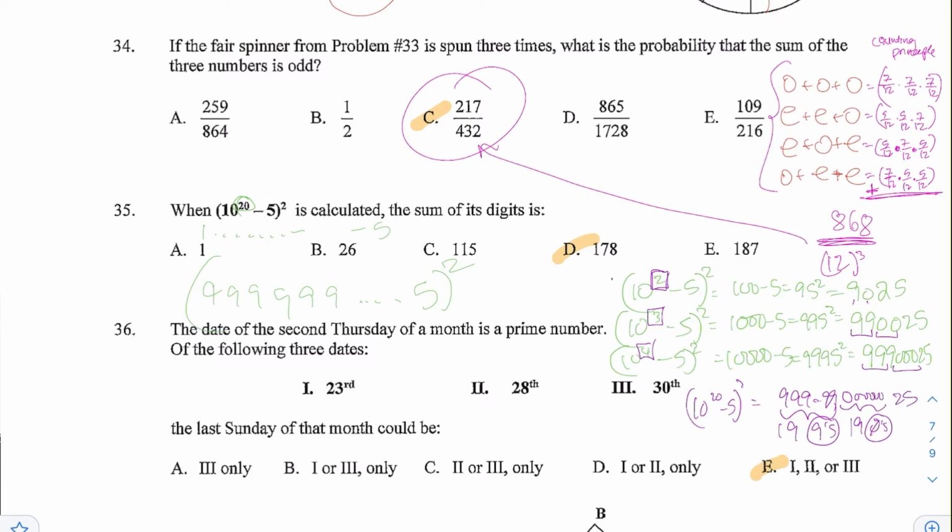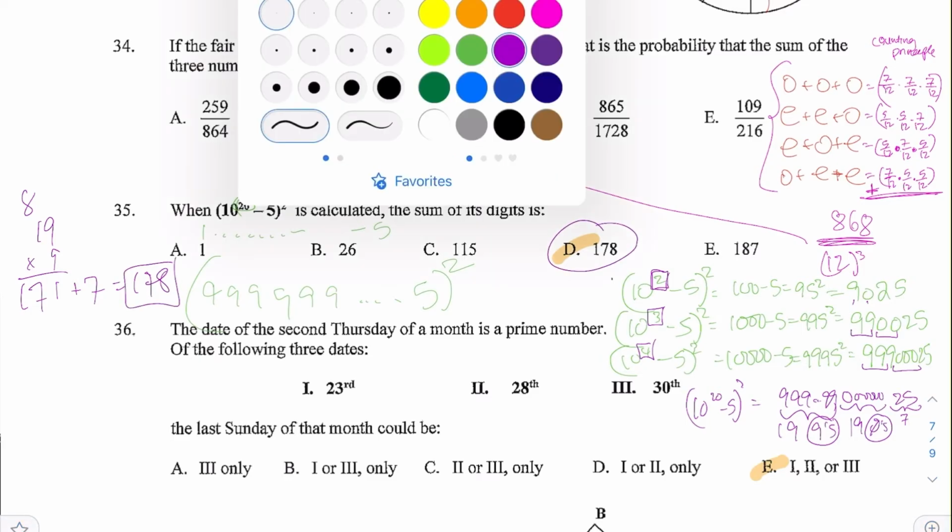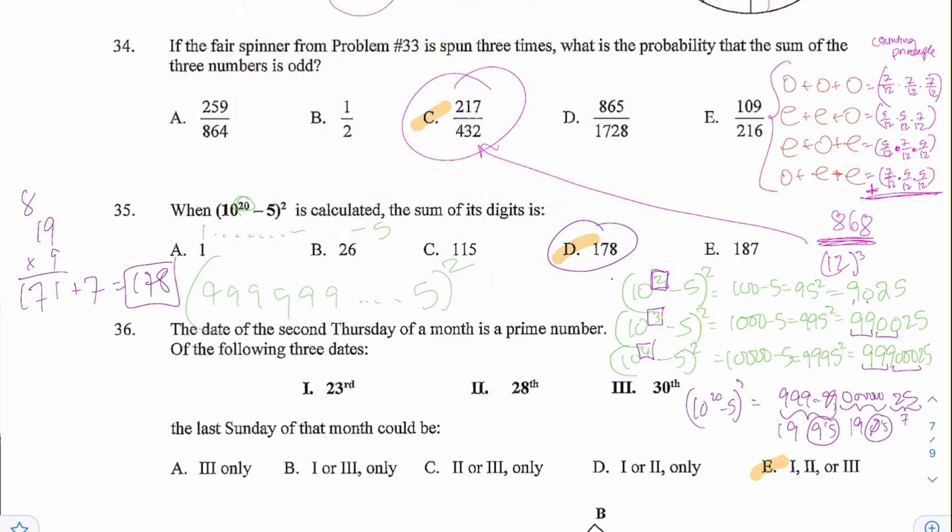So 19 nines would be 19 times 9. The zeros don't contribute anything to the sum, and you have that 2 and a 5, which is 7. So you have 171 plus 7, and that's how you get 178. So you model this problem using smaller numbers, and there is a pattern.